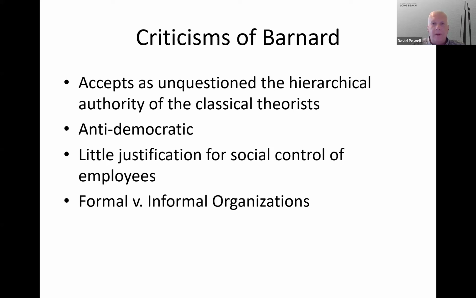That they just accepted as unquestioned, that we are going to have this top-down relationship between our executives and our employees. And they never really questioned that. By not questioning that and by just trying to extract contributions from employees and essentially manipulate employees to get the contributions we need, the second criticism is it's highly anti-democratic. It's not what Mary Parker Follett would think would be a democratic type of organization.